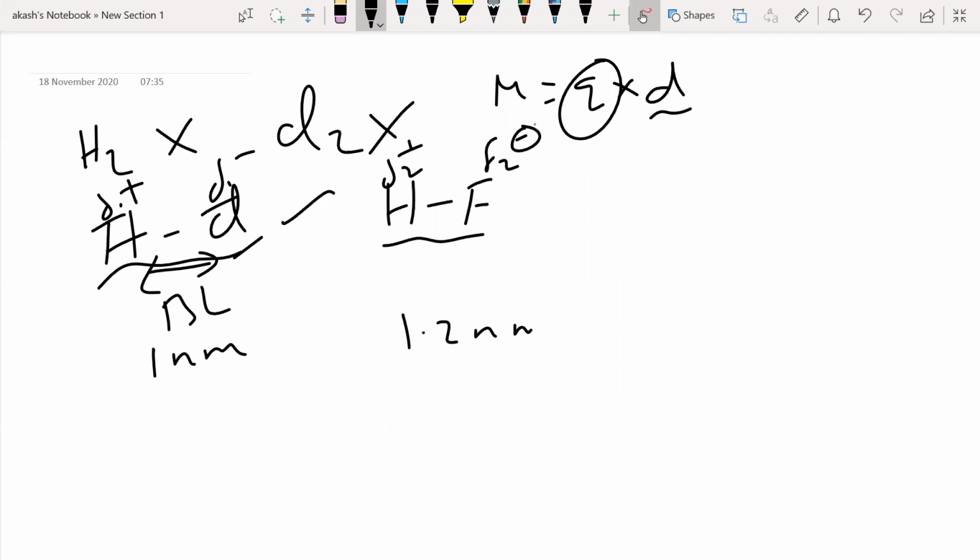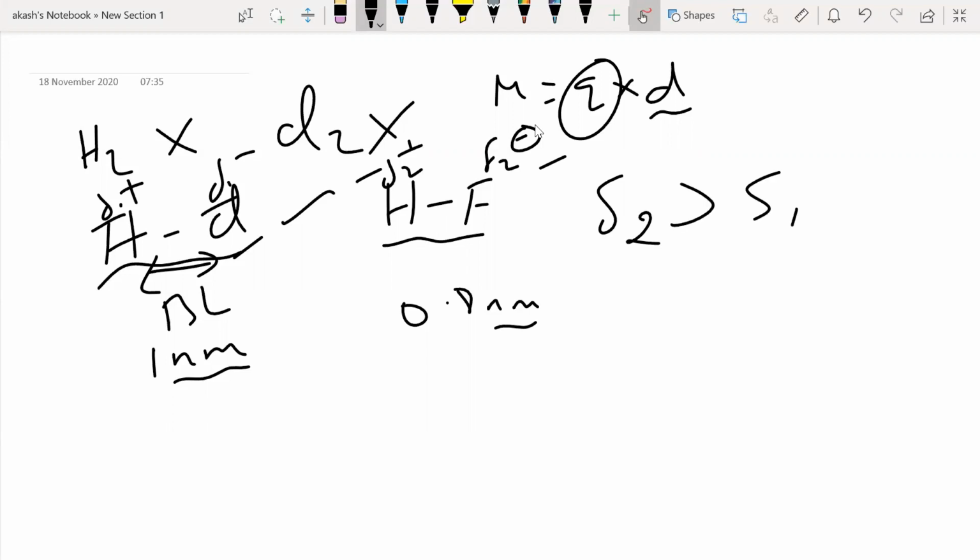I mean, HF should be lesser than this, so it can be, say, 0.8 nanometer. So on the nanometer scale, a difference of 0.2 is really not going to have much effect on the difference in dipole moments. But if you look at the charge values, del 1 and del 2 are way higher than del 1. Obviously the reasons are obvious.